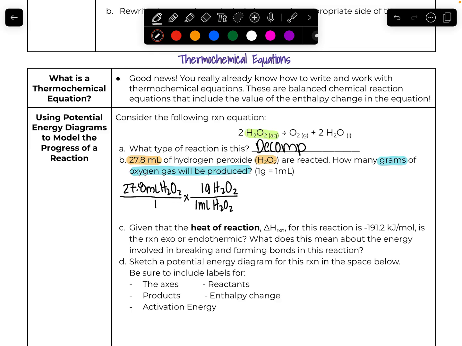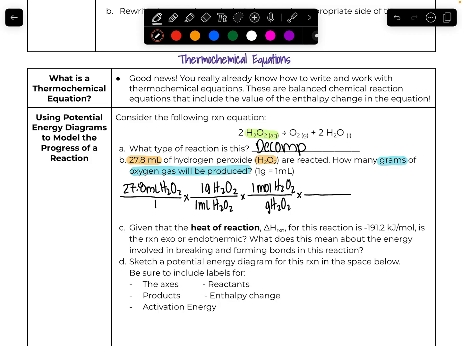Now I can work with my normal units that I'm used to, right? So how am I able to convert between grams of one substance to grams of another? Well, I have to go through my little mole map and think about getting to moles first, because moles is my only comparable unit. So I'm going to start with getting from grams of H2O2 to moles of H2O2. Then I have to compare my two substances that I'm converting between.